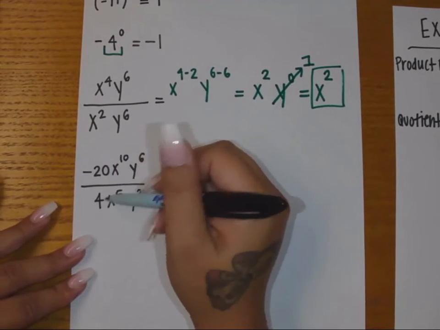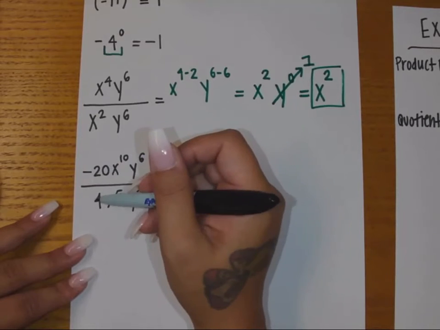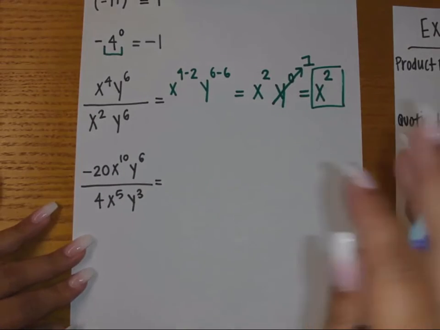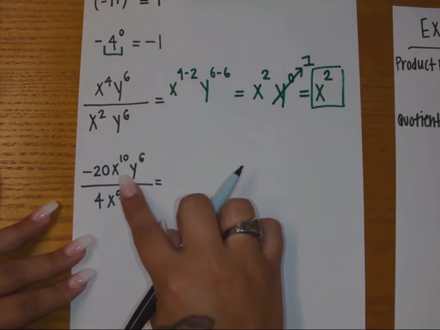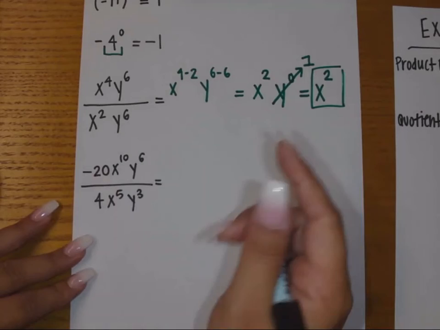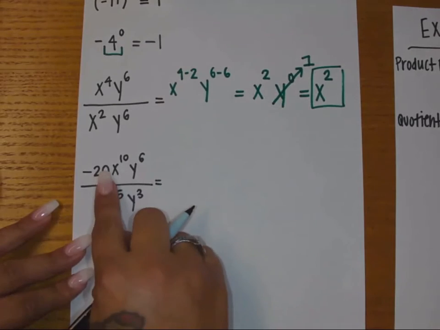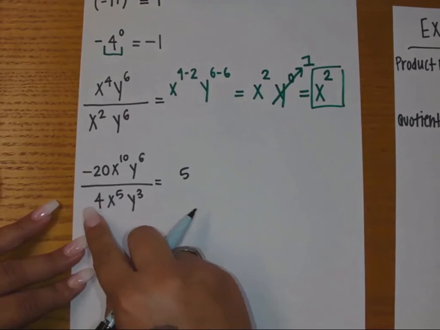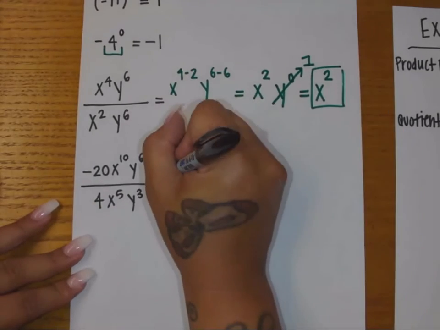Well, if we look at our coefficients, 20 divided by 4, I can do that simply, and it would be in the numerator because it's not going to be a fraction. The largest number is on top. So I've got 20 divided by 4 is 5. Signs are different, so it's negative.